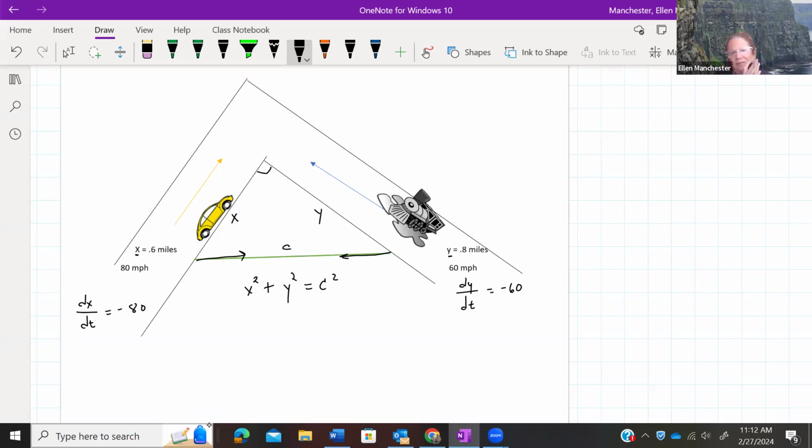What would you guess? Put a guess in the chat. How fast do you think that c distance is closing down? Just any guess based on the car going 80 and the train going 60. Do you think it's more? Do you think it's less? What do you think?